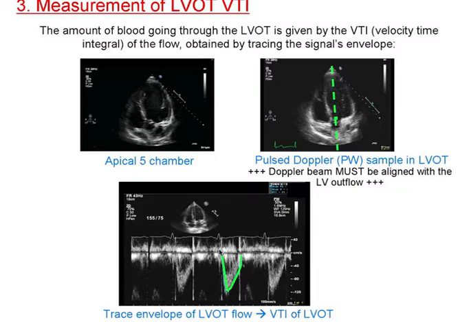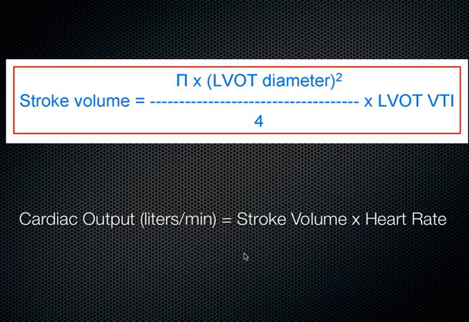Then you can manually trace this envelope of flow, or the computer actually does it for you automatically. Once it has that LVOT diameter which you measured, it squares it, times pi divided by 4, and then multiplies it by the velocity time integral, or that envelope.